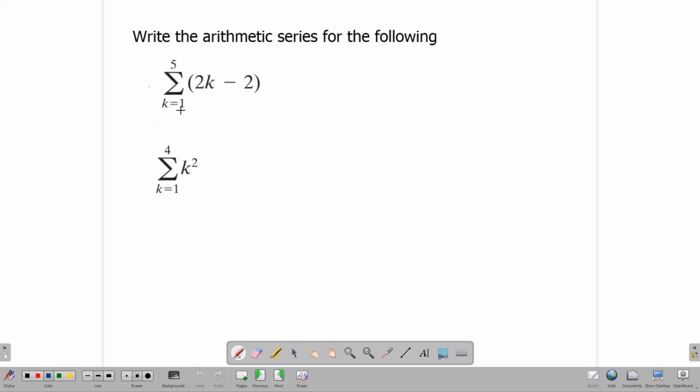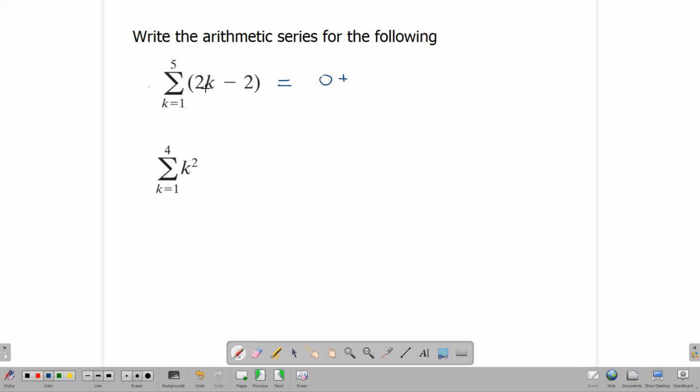We can say, for example, we have the sum from k equal 1 to 5 of 2k minus 2, and we want to write that out in terms of the original terms. So if we substitute 1 into this, then 2 times 1 is 2, 2 minus 2 is 0. And put in our plus.